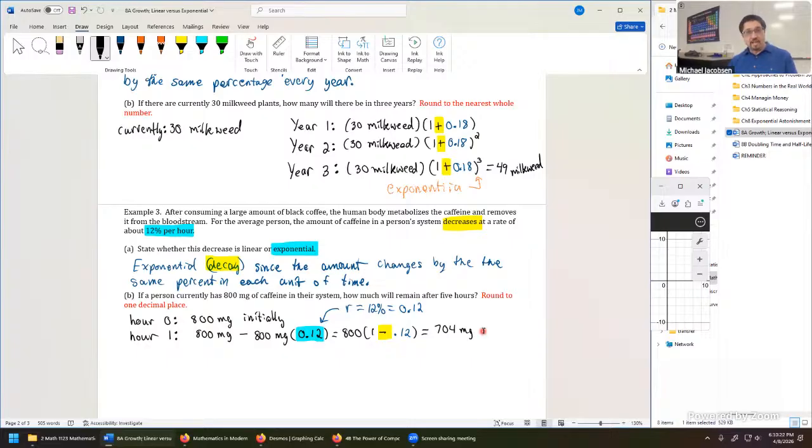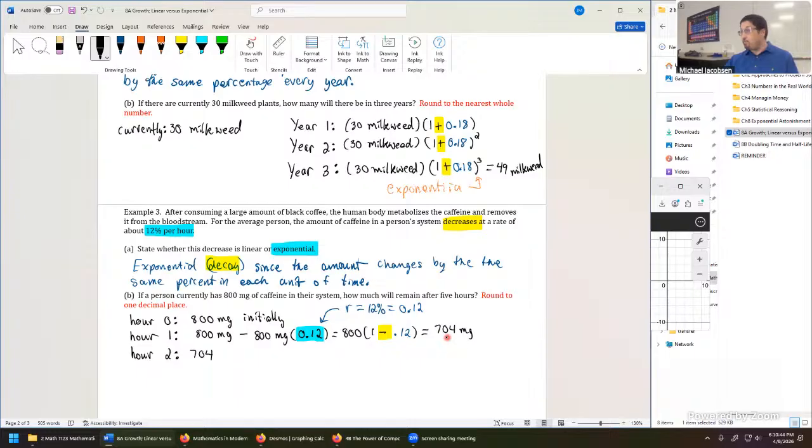Okay, let's do it all over again. Now, 2 hours have gone by. Hour 2, what's decreasing by 12% per hour, but it's decreasing by the new amount on each hour. So we need to take the 704 milligrams.